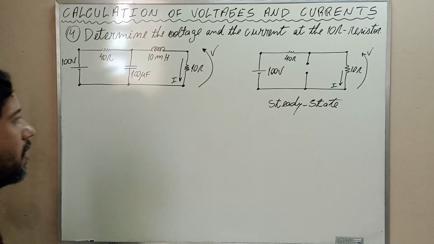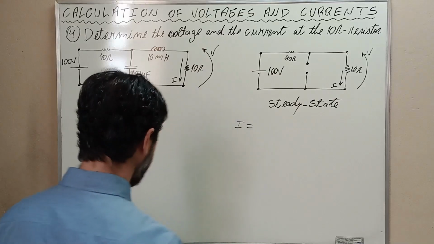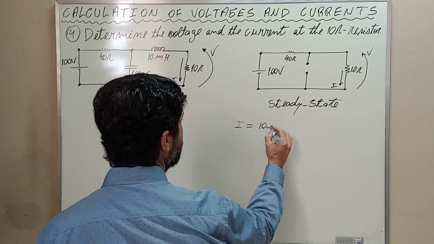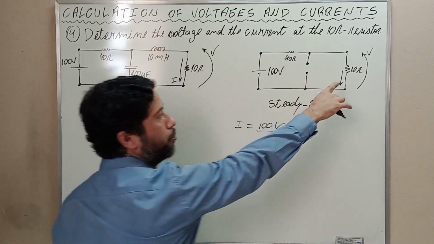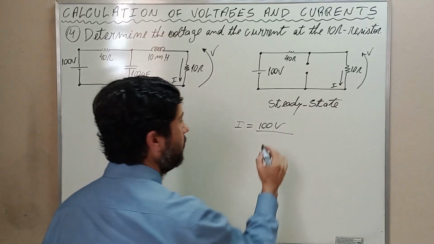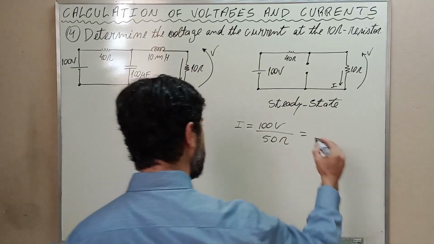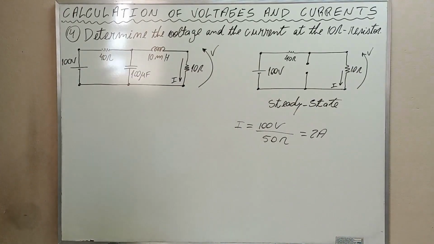Observe that the current I is equal to 100 volts divided by 40 plus 10, which is equal to 2 amps. And how about the voltage?